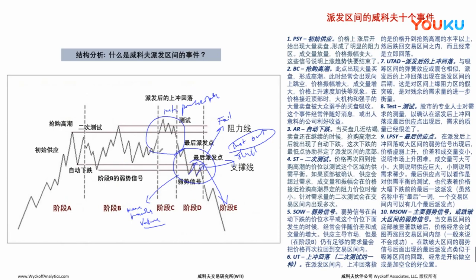That's why in the area of activity by institutions, we usually will have a higher volume signature, or sometimes we would say that the effort there is more dominant and it's increasing. And then in the second period, where institutions are already out of their positions, this is where we see that the volume signature actually goes down.